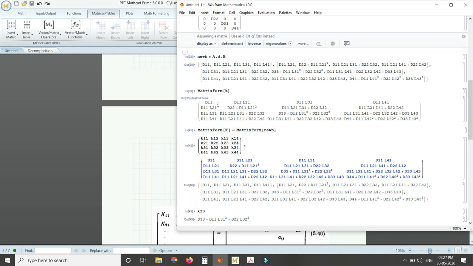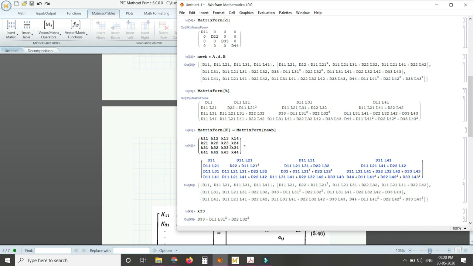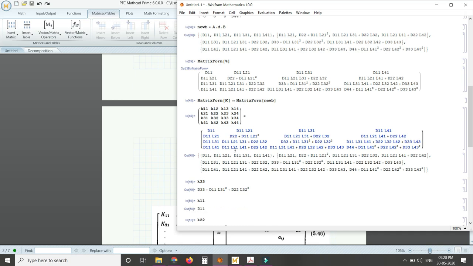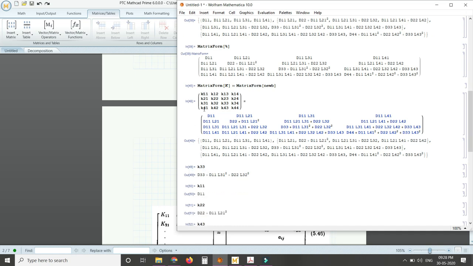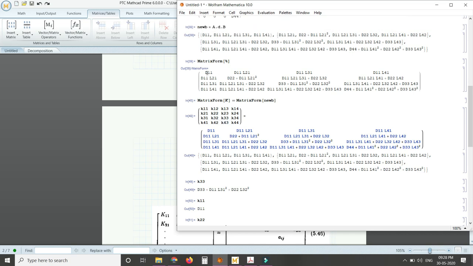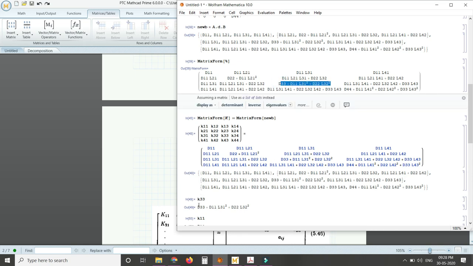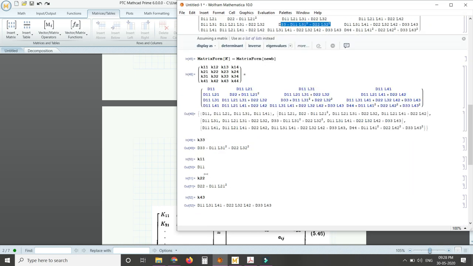Now consider the upper triangle of this matrix and equate it to the initial stiffness matrix. Suppose we want K33: if I equate it, K33 from this matrix should be D33 plus D11 L31 square plus D22 L32 square.